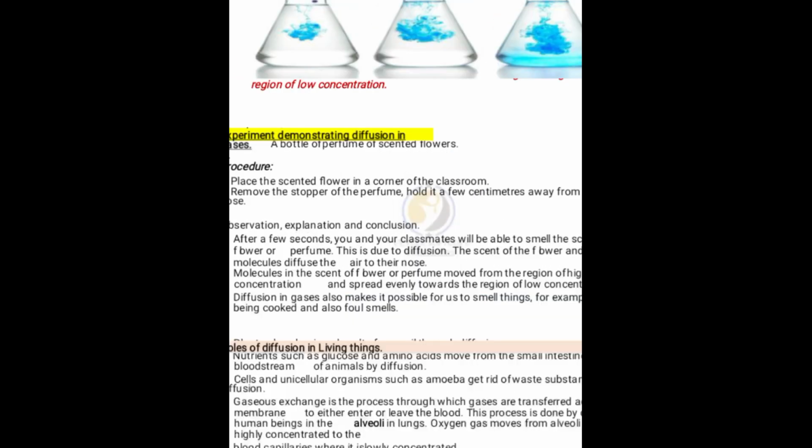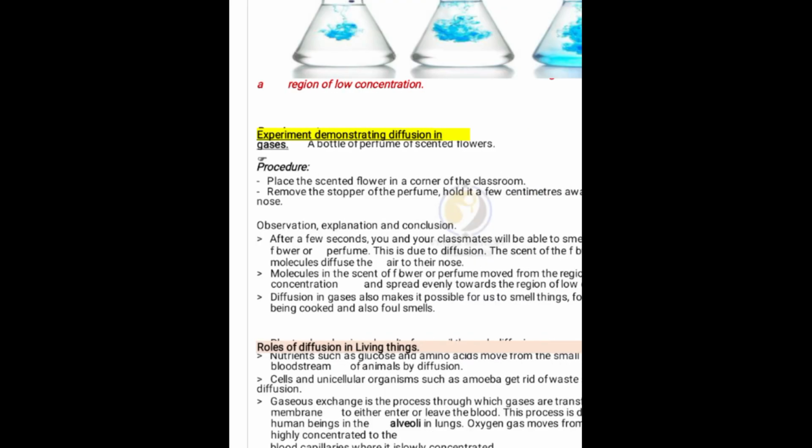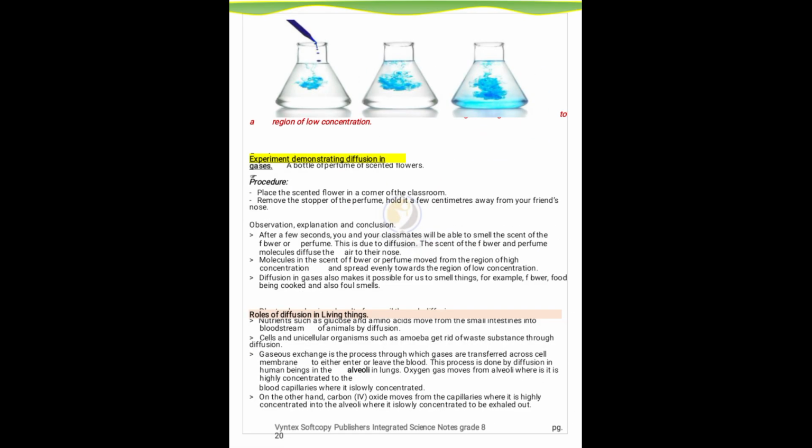Now, let us also talk about roles of diffusion in living things. There are so many roles of diffusion in living things, which include gaseous exchange.